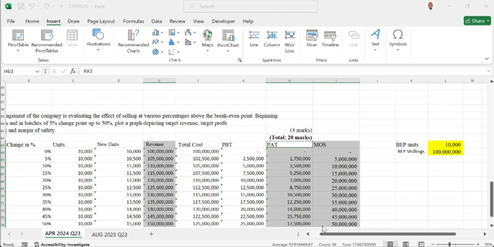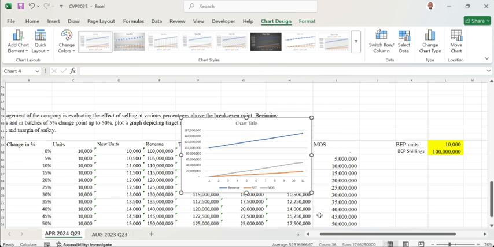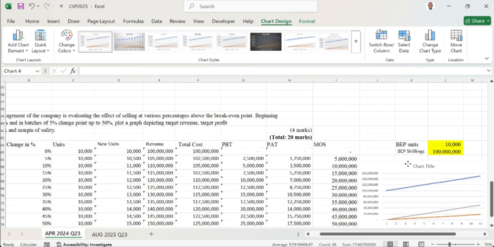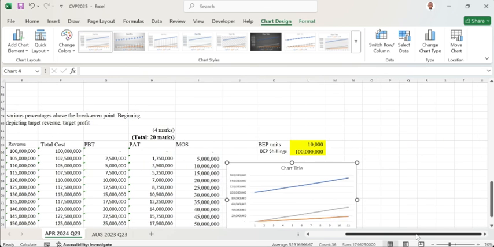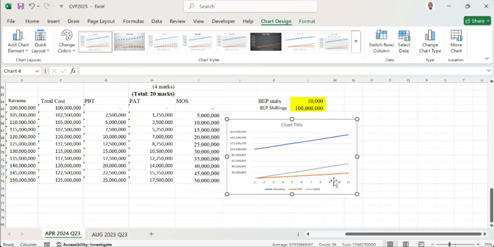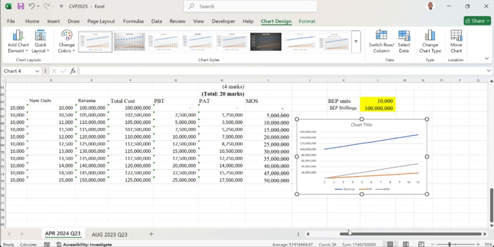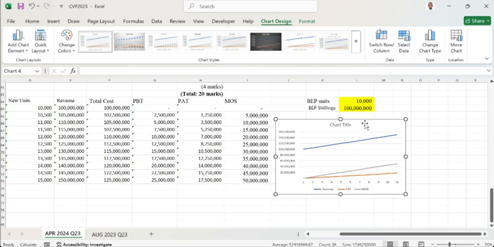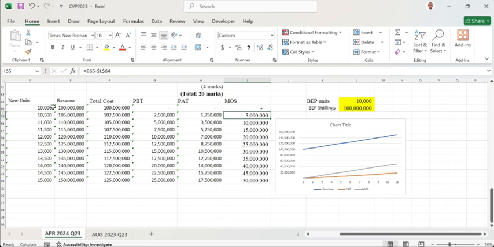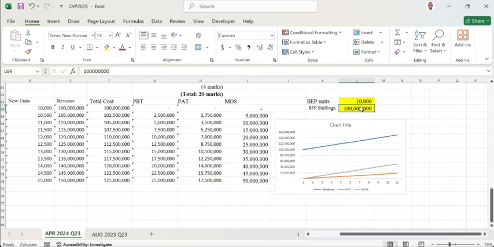Now you less the expected revenue minus the break-even point in shillings. Now, what do they want us to have? The target revenue, the target profit after tax, and the MOS.